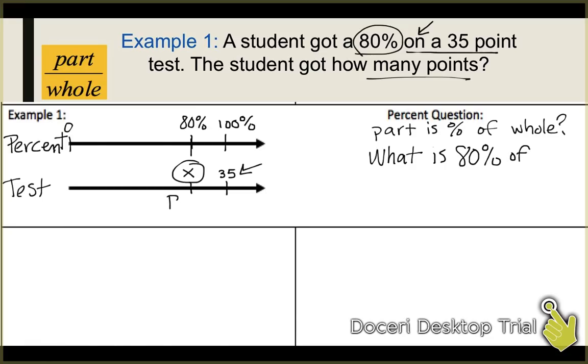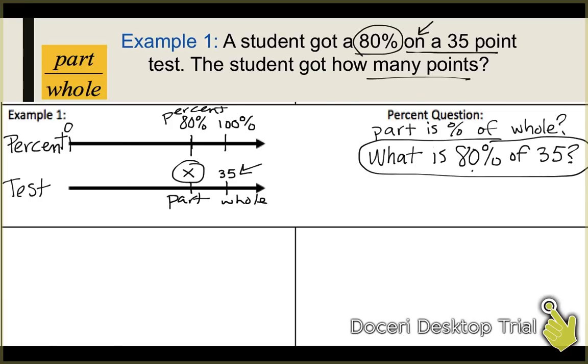So this is our part, this is our whole, and this is our percent. So what is 80% of 35? That is our percent question.